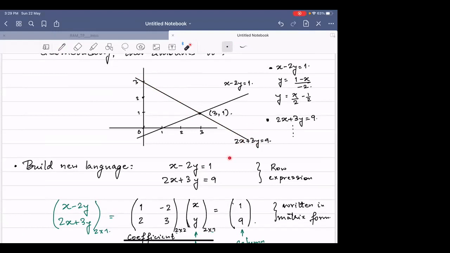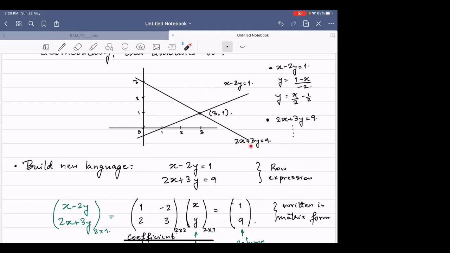Eliminating a variable in the geometric picture means making this line parallel to one of these axes. If I eliminate the x variable, that's like making this line parallel to the x-axis, and if I eliminate the y variable, I'm making it parallel to the y-axis, so that only the x coordinate matters.